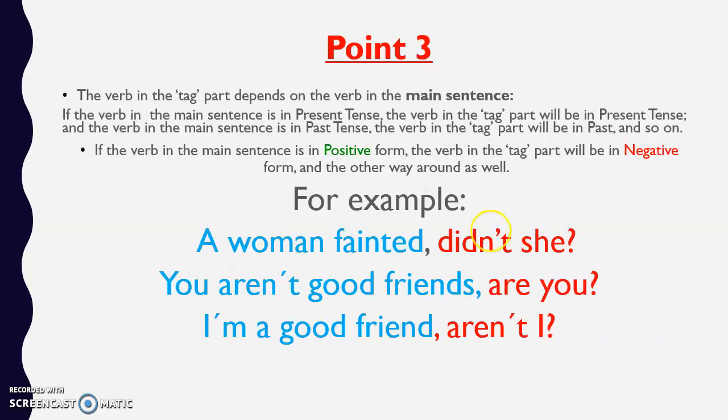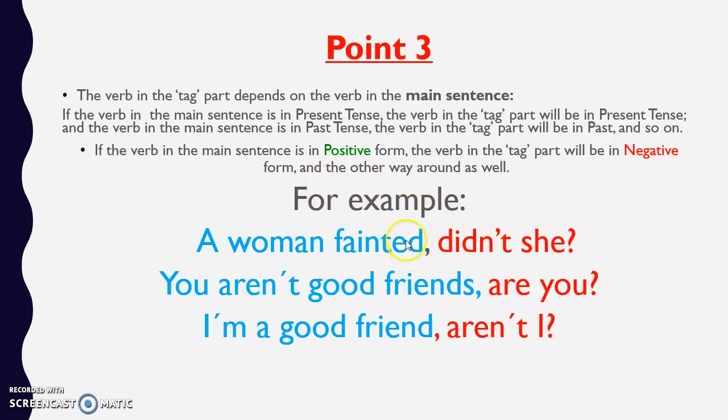So the point number 3, and this is the most complicated part, the one in which normally you have more confusion, and that was the reason that I asked you to elaborate your flashcards. Okay, so remember that we are going to respect the tense of the main statement. The tense of the main statement is going to tell you which auxiliary you are going to use in the question tag.